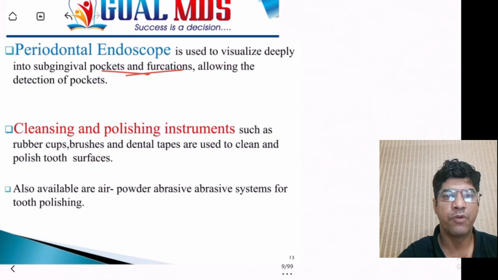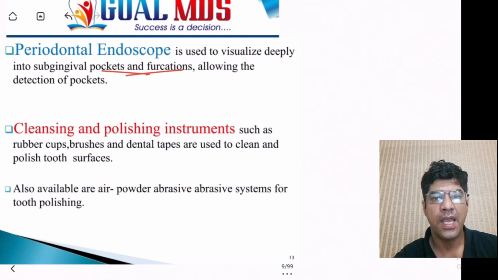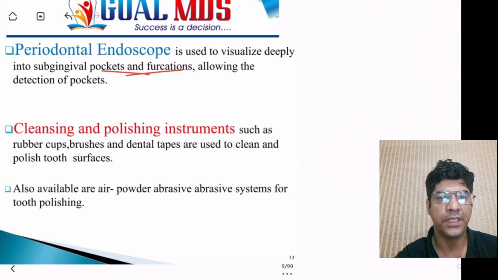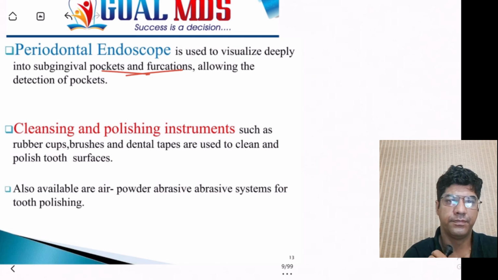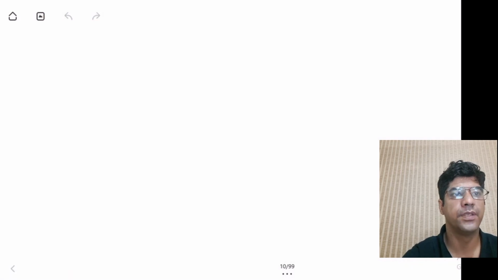So the camera will provide a magnified and illuminated view of the root surfaces, any deposit or the inflammation. The instruments used for cleaning and polishing, like rubber cups, brushes, dental tapes, are used to clean and polish the tooth surfaces.